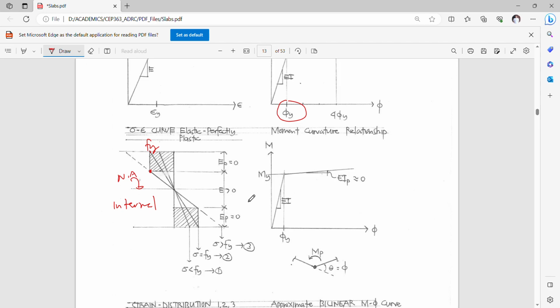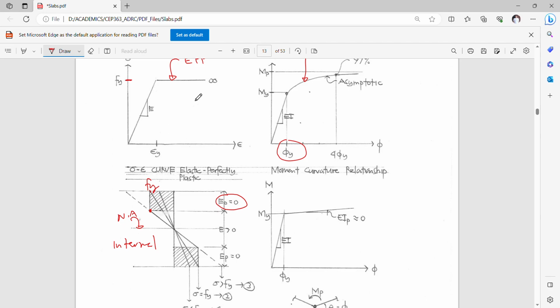So you may now define your plastic modulus as equivalent to zero in this stage. Okay, so at this stage your E plastic becomes zero, and the definition of your hinging will be from the extremmost fiber, okay, going towards the neutral axis.